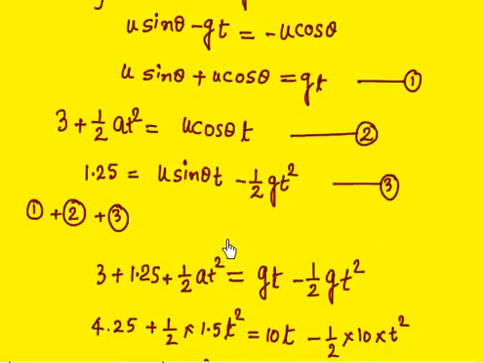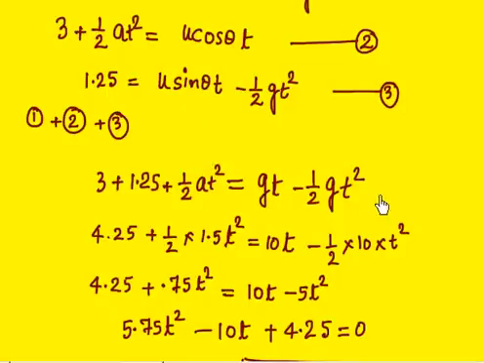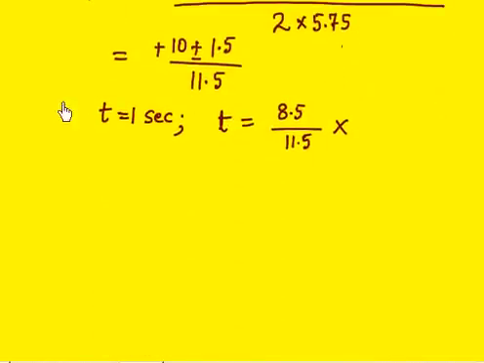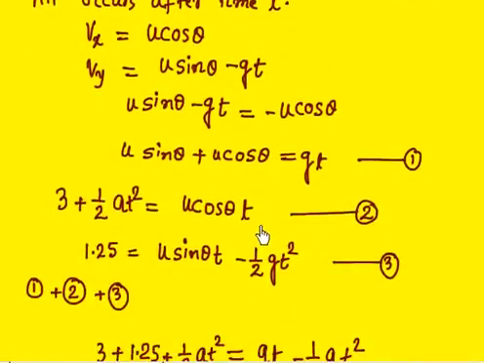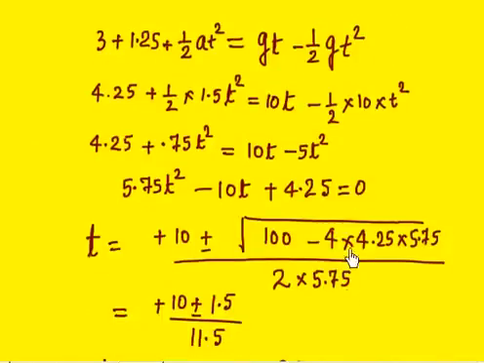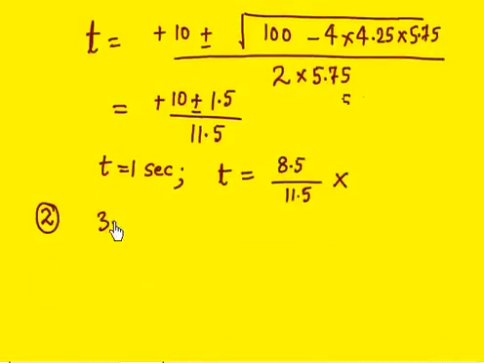So if you see the first equation, let us say equation number 2. Here t is 1, a is 1.5, so this is 0.75, so 3.75 equals u cos theta into t.